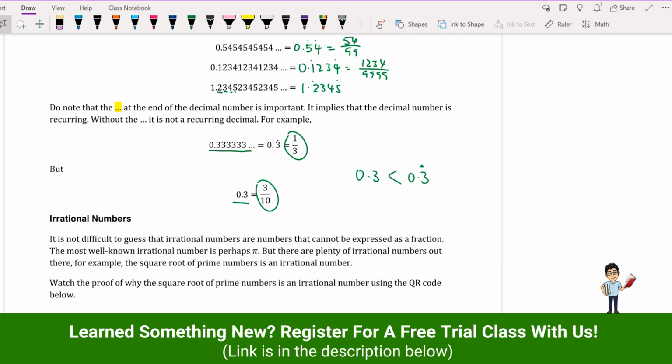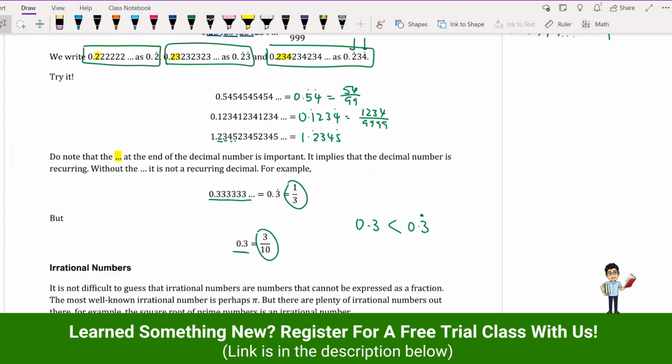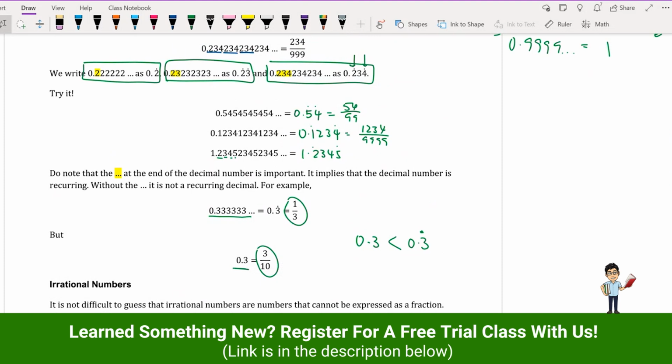Then 1 whole and then the 2, 3, 4, 5 over 9. So far so good? Difficult or not? Not really, right? Maybe next time when we have extra time, I'll show you why. Why is it so special, the 99 and 999? Are you all curious?